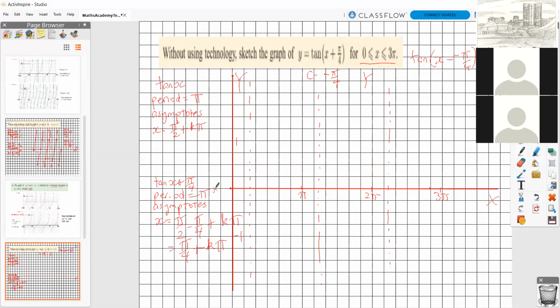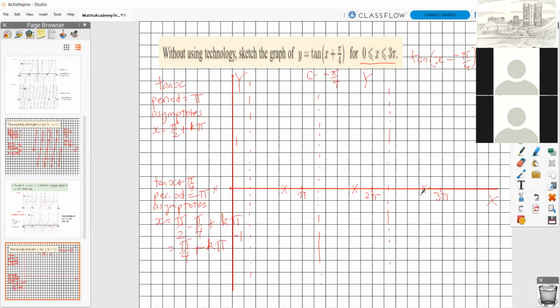The one which was at pi has gone 1.5 units to the left. The one that was at 2 pi has gone 1.5 units to the left. The one that was at 3 pi has gone 1.5 units to the left. So there are our x-intercepts.